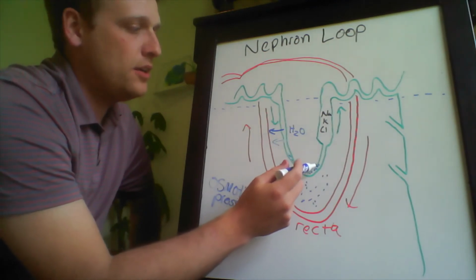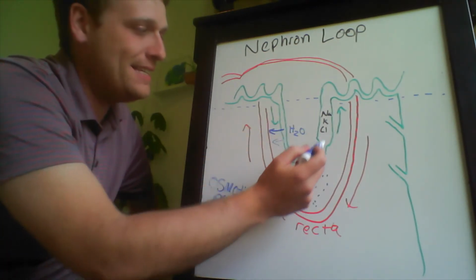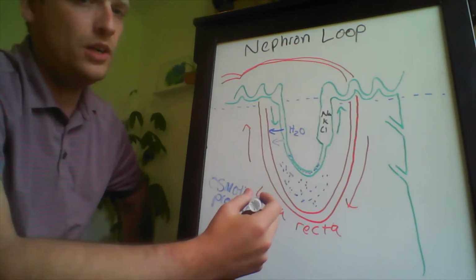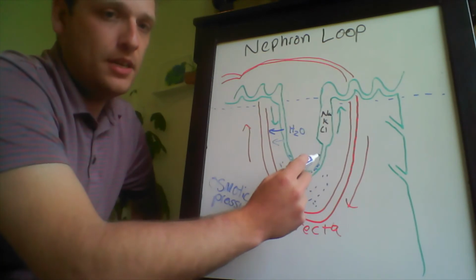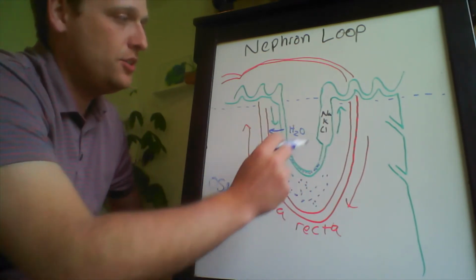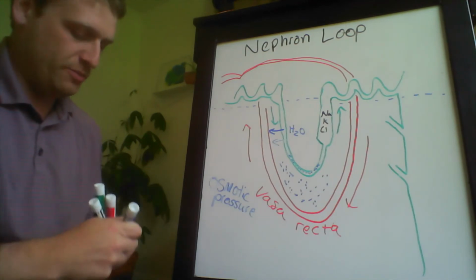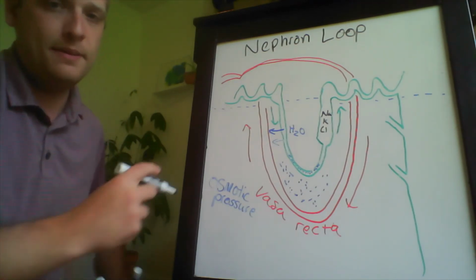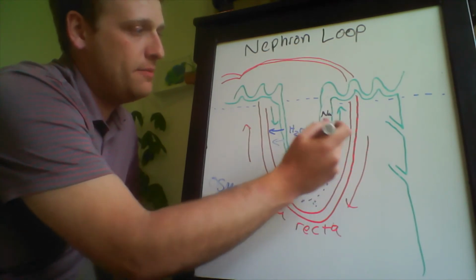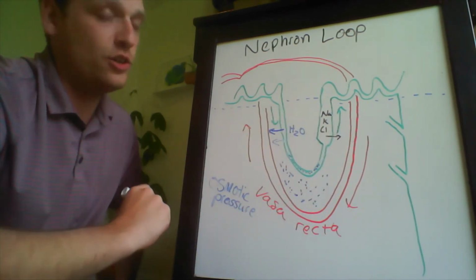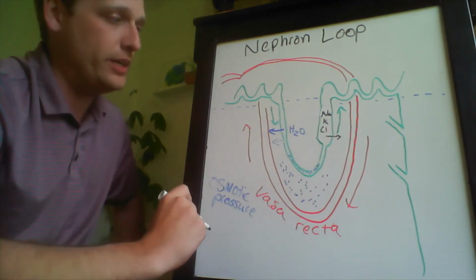So now, on the flip side, on the other side of the loop, you have the ascending loop, which is impermeable to water now, but permeable to electrolytes. So in this ascending loop, you actually have symporter pumps that are pumping sodium, potassium, and chloride ions out into the interstitial fluid.